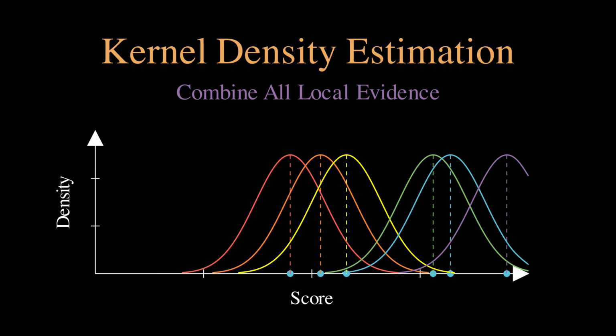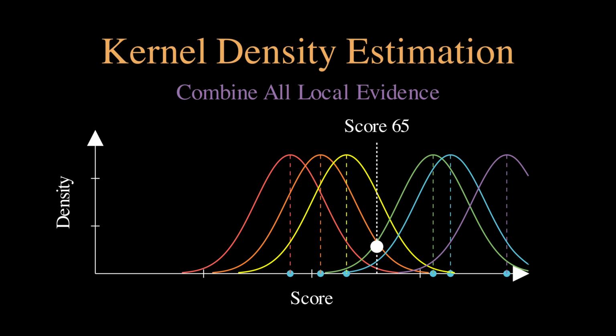So, for any score we are curious about, let's say 65 points, we examine what each of our 6 bell curves predicts for that score, add up all those predictions, and divide by 6 to get the average. This average becomes our best estimate of how likely we are to encounter a student with that score in the entire university population.